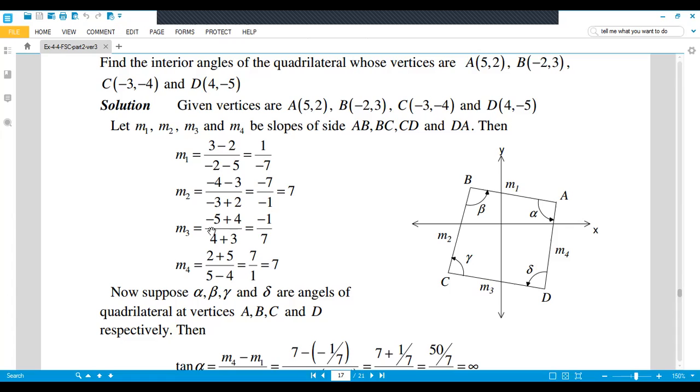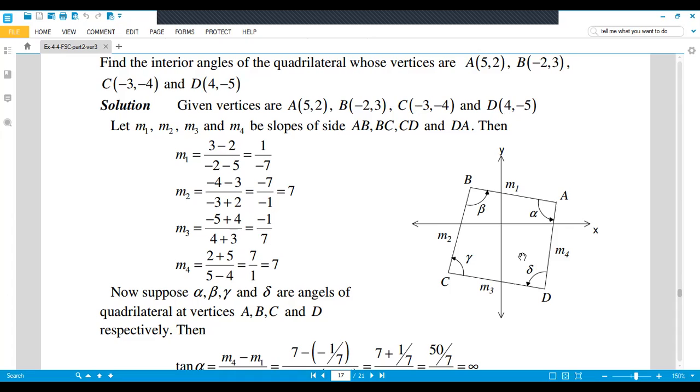Now for the slope of CD, we take the vertices C and D. That will be (-5 plus 4) divided by (4 plus 3), which is equal to minus 1 over 7. That is the slope of CD.